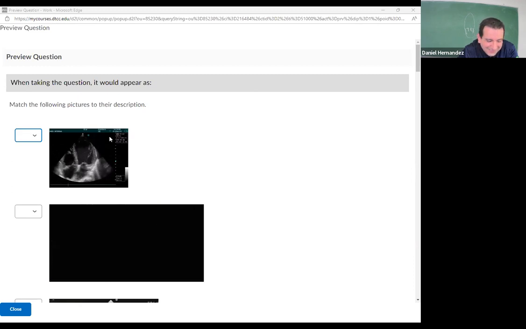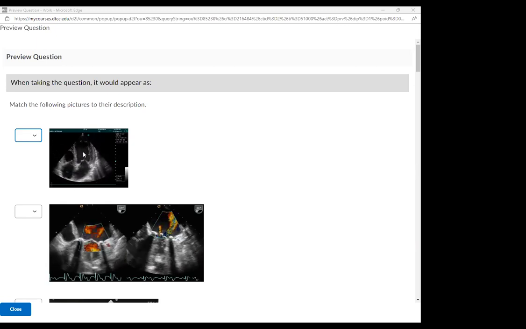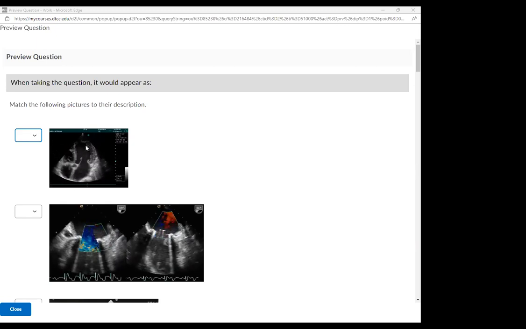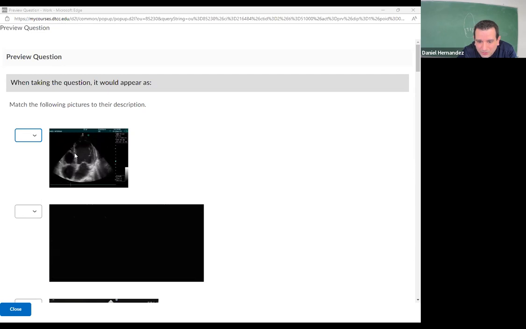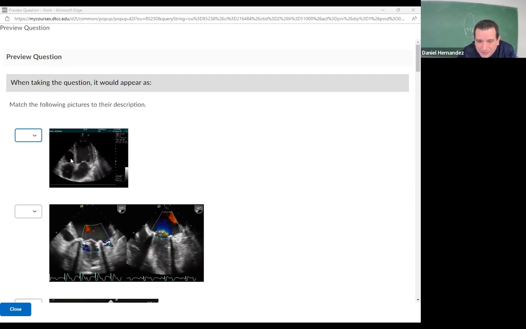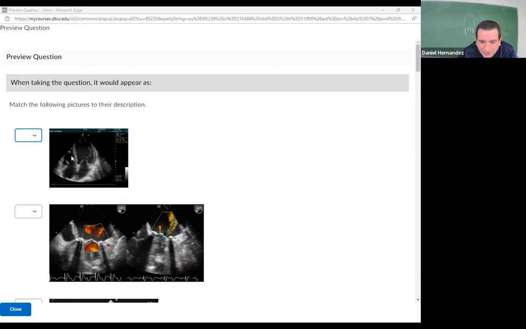Anterolateral? Good. Yep, it's anterolateral. So we can see some thickening. We can see some thickening up at the apex as well. And then this septal wall, it's just going up and down, but it's not thickening. So this is a patient that has a septal infarct.